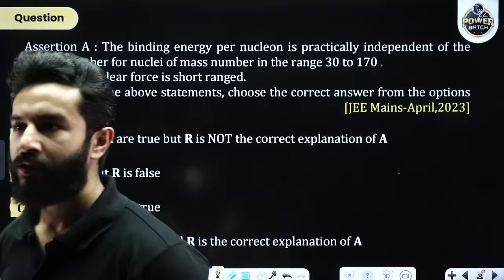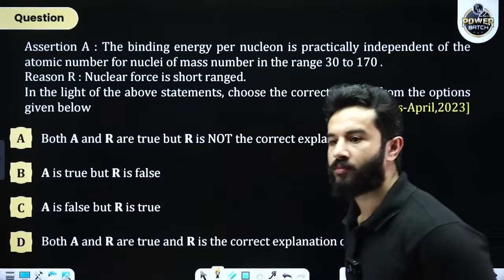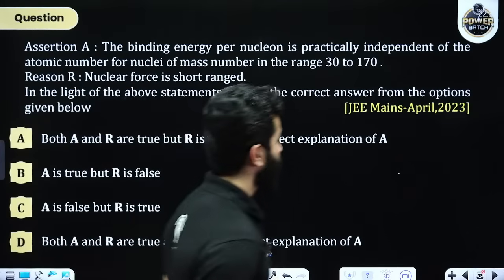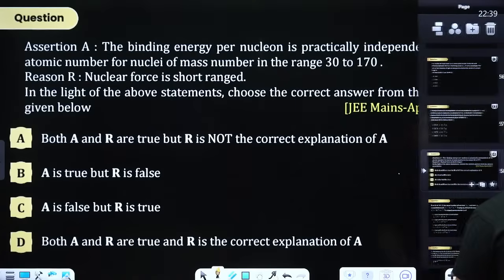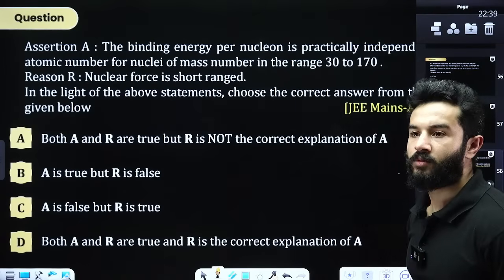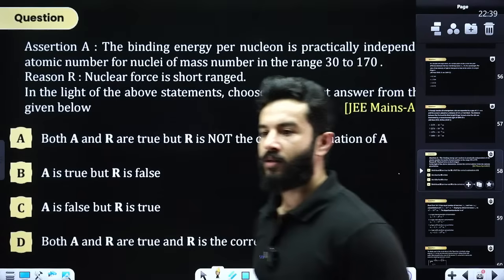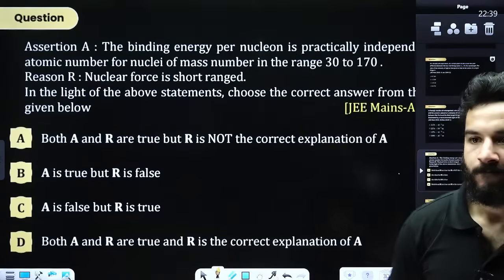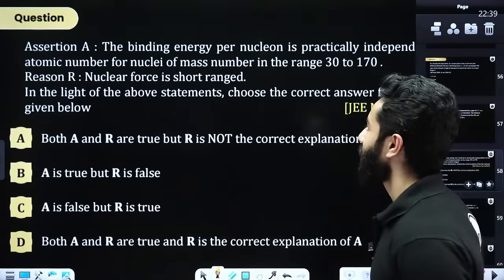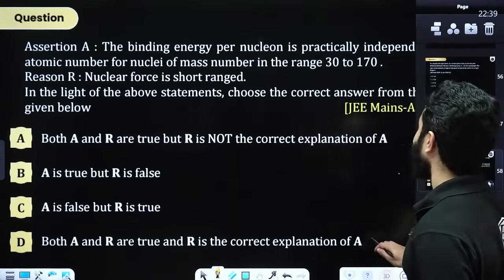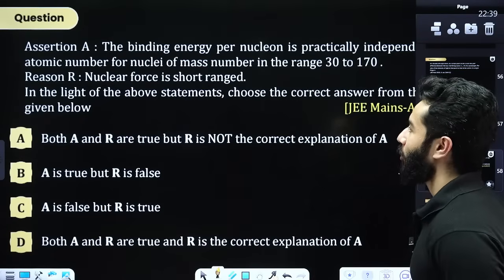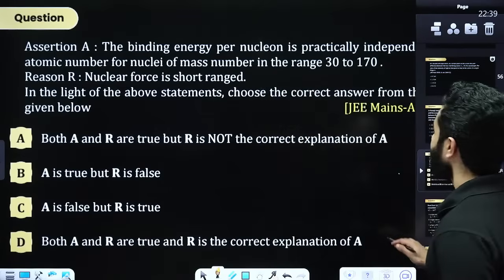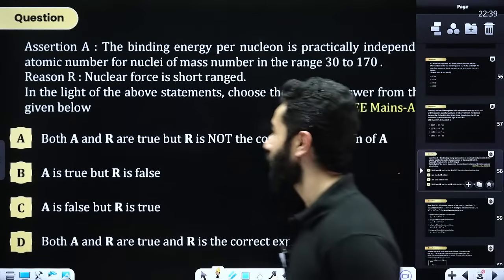Be quick. Tell me the answer for this one.